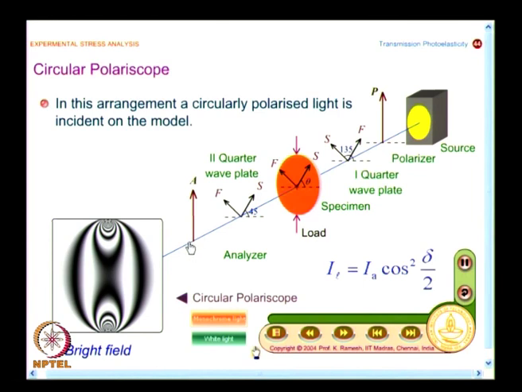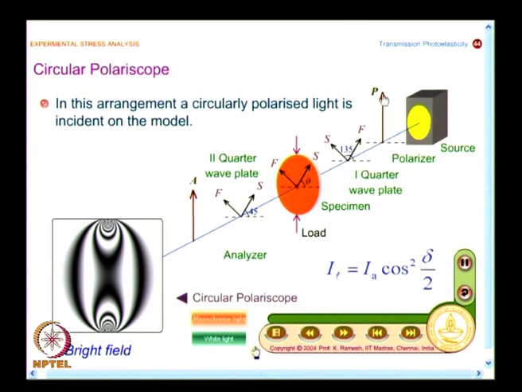So, in a circular polariscope, I have 2 elements before the model and 2 elements after the model, and if you watch it very carefully, the fast and slow axes of the second quarter wave plate are crossed with those of the first. They are aligned such that the slow axis of the second quarter wave plate is perpendicular to the slow axis of the first quarter wave plate.